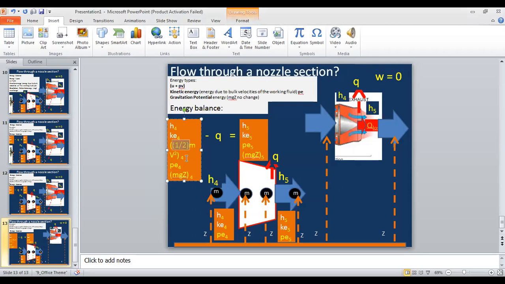half mv squared. K5, half mv squared at 5. PE5, mgZ5.